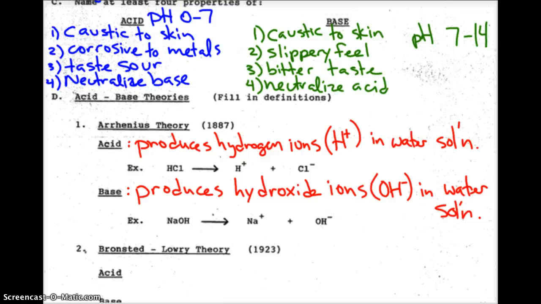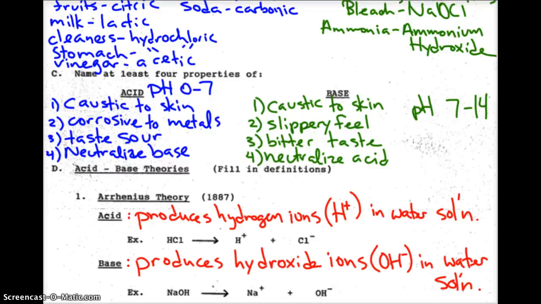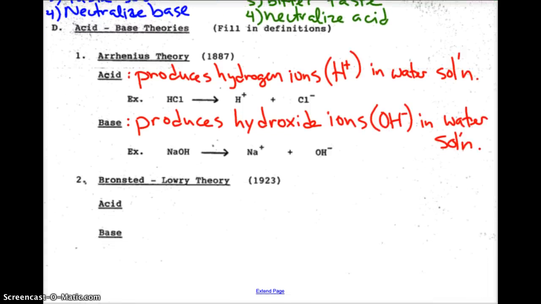If we scroll back up and look at some of the examples we wrote, like ammonia, we know it is NH3, but it's a base. It doesn't actually contribute hydroxide ions to solution. So what Bronsted-Lowry did in 1923 is they redefined what a base is. And this really is the definition.